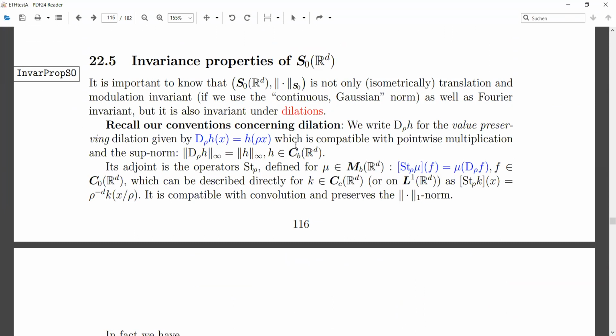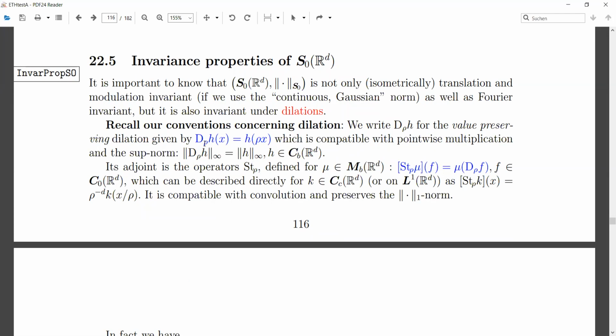Now, in the original script, you find a table of dilation, stretching operators, all the other operators, and how they are compatible with the classical Fourier transform. So let us just recall that we have, for good reasons, two forms of dilation operators. So D can stand for dilation or Dehnung, and ST for stretching or Stauchen, Strecken in German.